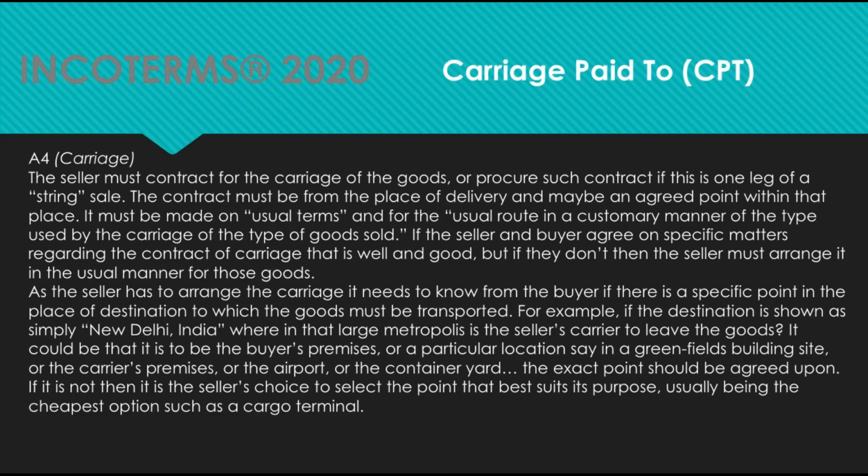It could be that it is to be the buyer's premises or a particular location, say in a greenfield building site, or the carrier's premises, or the airport, or the container yard. The exact point should be agreed upon. If it is not, then it is the seller's choice to select the point that best suits its purpose, usually being the cheapest option such as a cargo terminal.